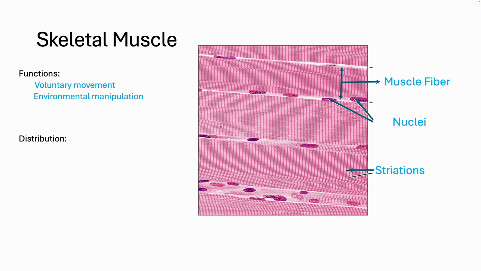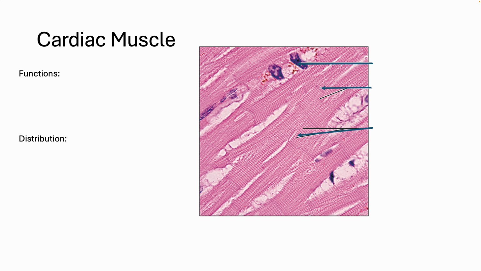Functions: voluntary movement and manipulating your environment in locomotion. You find this in skeletal muscles. Cardiac muscle is going to be striated like skeletal muscle, but it will also contain intercalated discs, which are connections between cells within the tissue itself.